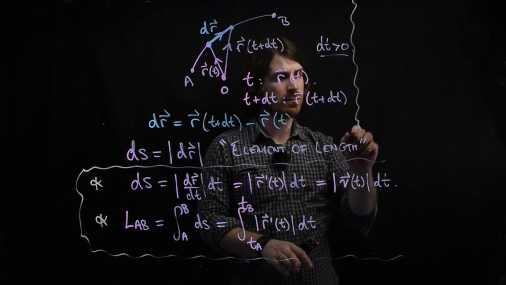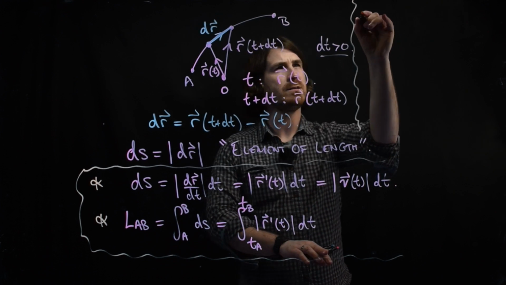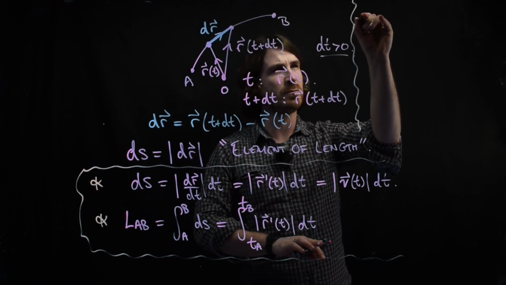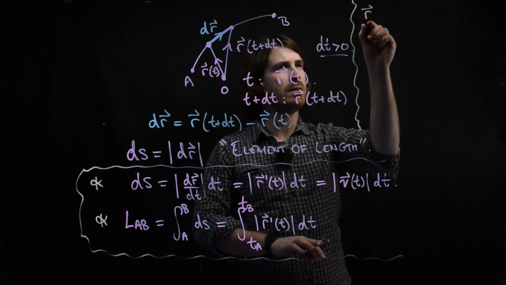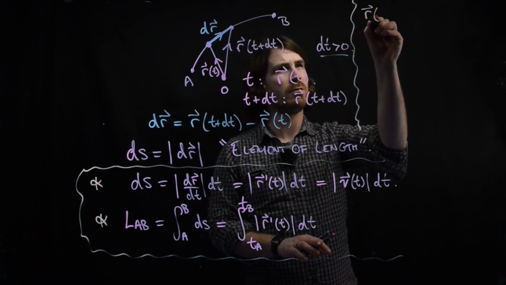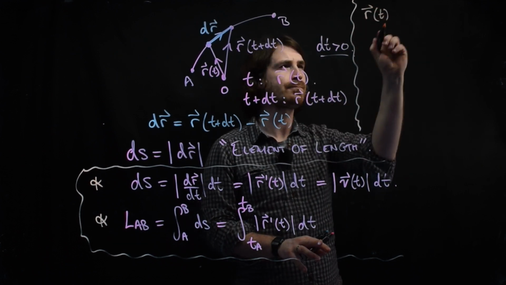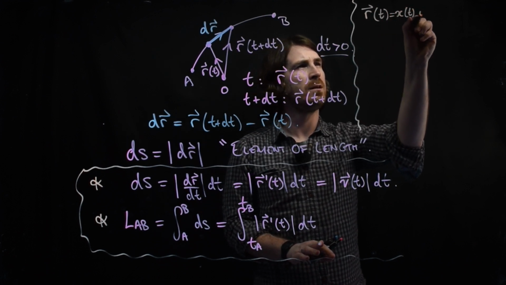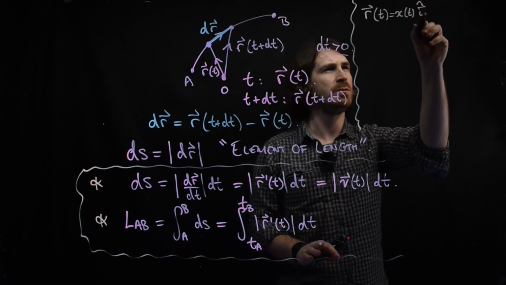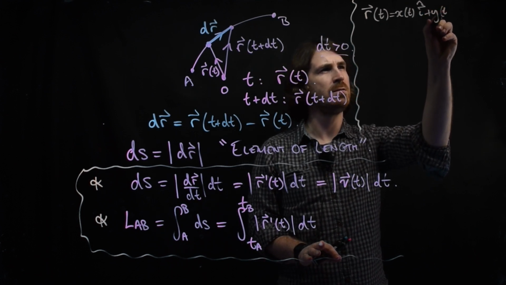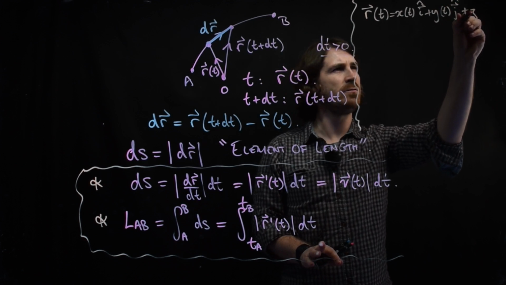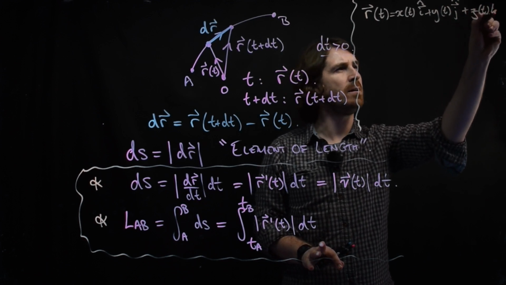So let's think about a case in which all the points on the curve are parameterized by some parameter t, and all the points on the curve are defined by r of t, and this equals x of t i, unit vector, plus y of t j, unit vector, plus z of t k, unit vector.